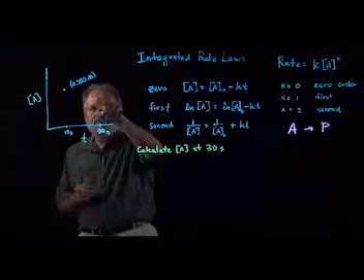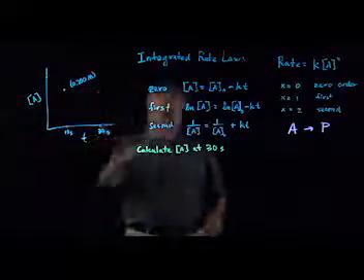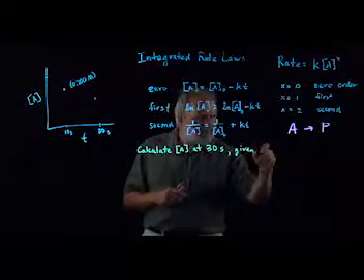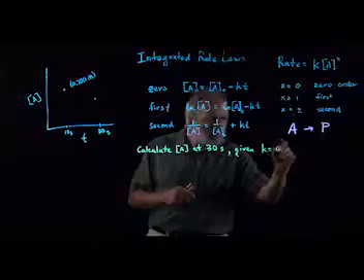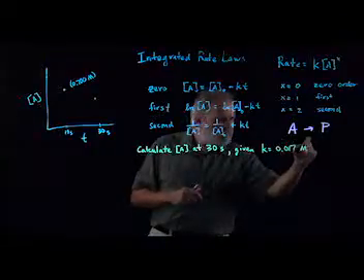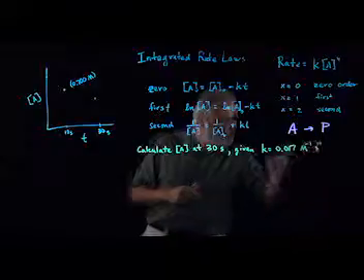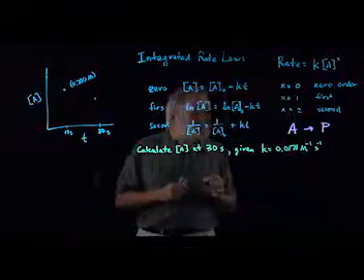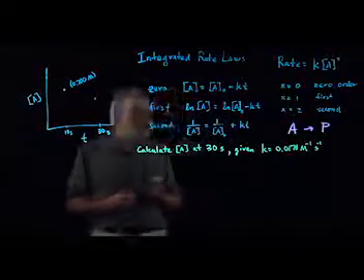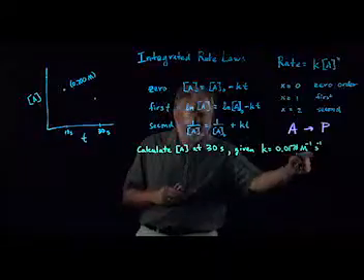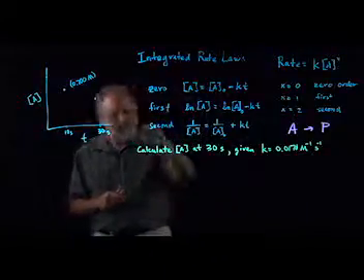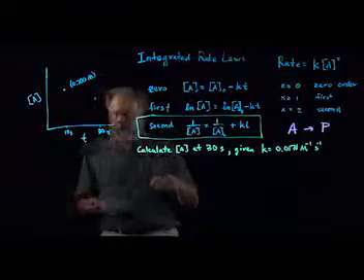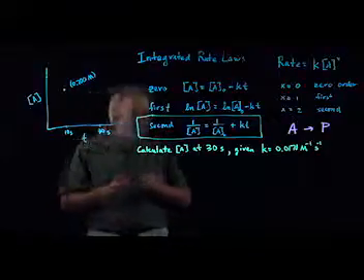Okay, so we're going to calculate the concentration at this point, given a rate constant of 0.0170, so I'm going to use 3 significant figures, molar minus 1, second minus 1. Now this tells us it's second order from the units. So this is the equation we're going to have to use. If you don't have your order right, you'll be using the wrong equation and you'll get the wrong solution.